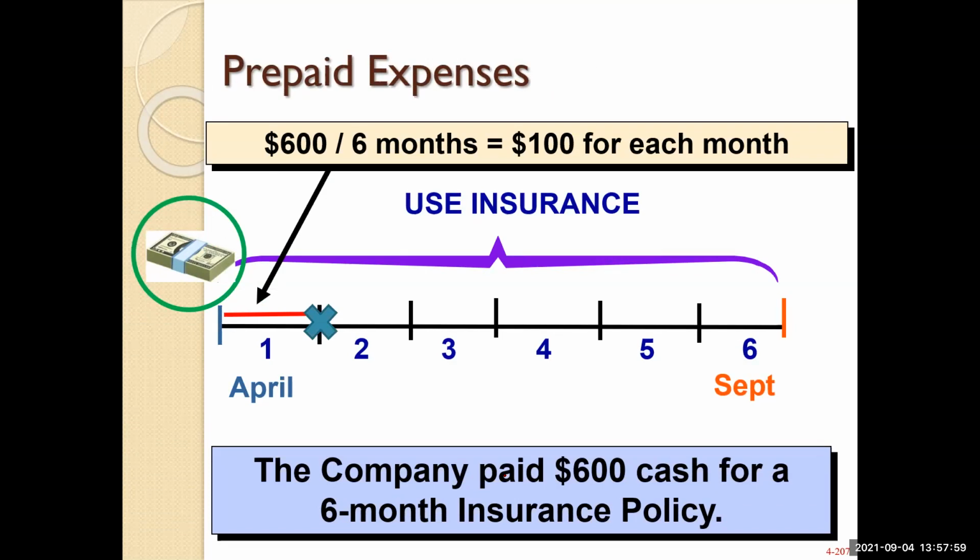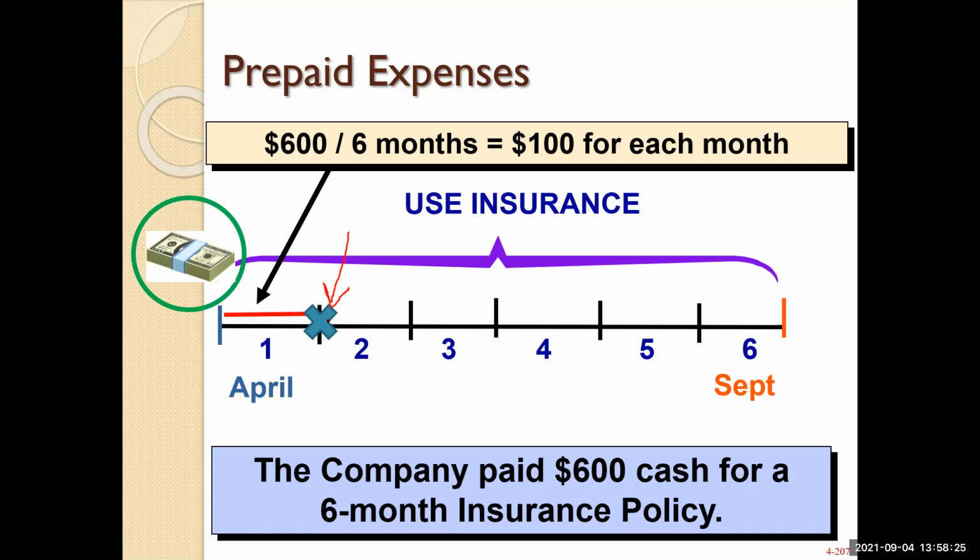But now it is the end of the month, okay? And this is where the timelines come in because it's really important to know where we're talking about. Now it's the end of the month, and adjusting entries are performed always at the end of the month to capture anything that we missed in our regular journal entries. So we see it's the end of the month.